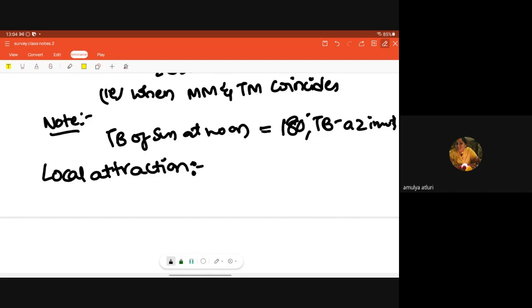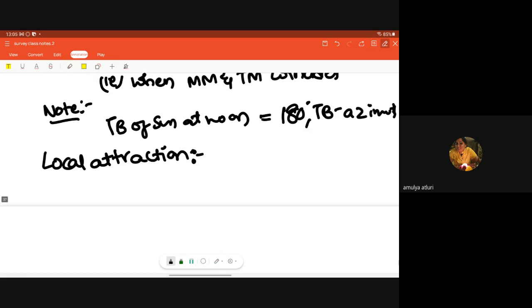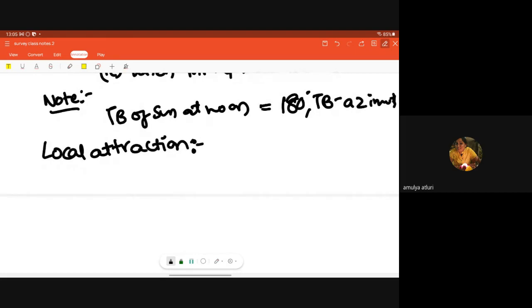If the needle is surrounded by them, it will fluctuate, and then there will be an error in your calculation. That is called local attraction. So how do we detect it? If the difference of forebearing and back bearing is not equal to 180 degrees, then there is local attraction.